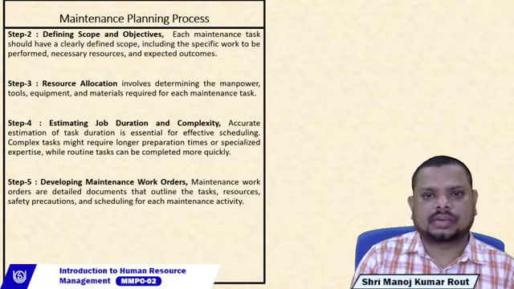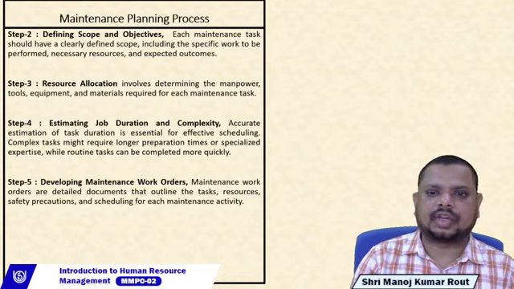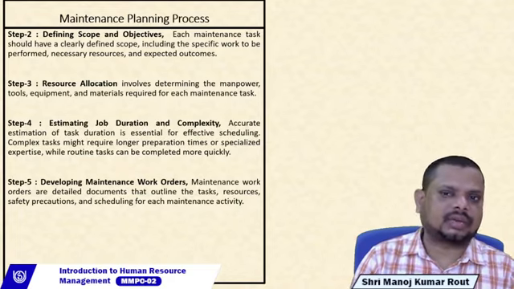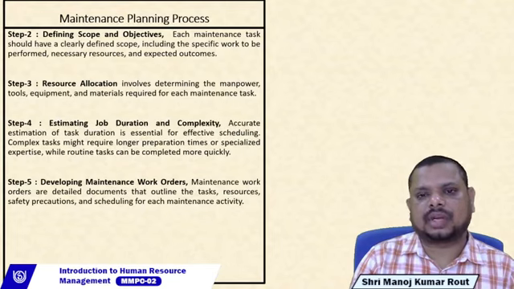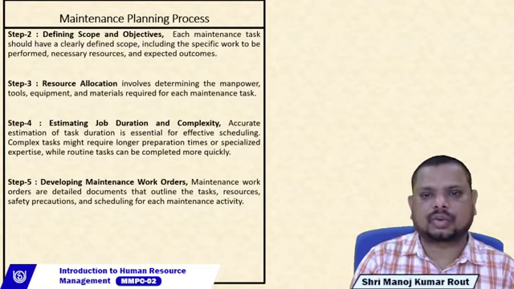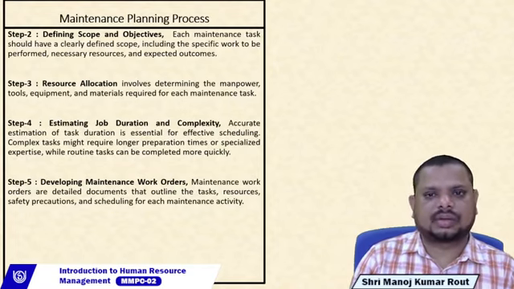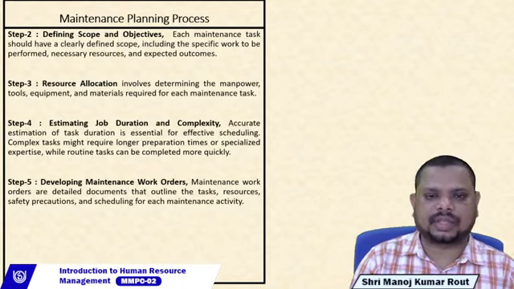For example, if you perform maintenance work on computer numerical control machines, highly skilled mechanics and foremen should be assigned so that they can fix the particular CNC machine within a limited amount of time. Normal machines can be fixed more quickly as compared to complex machines.